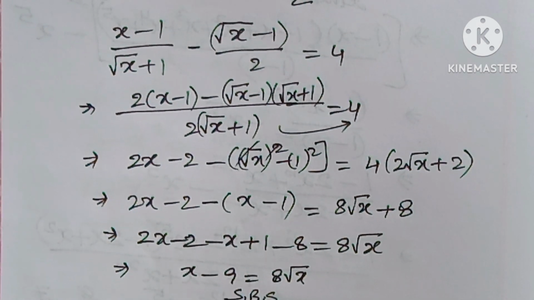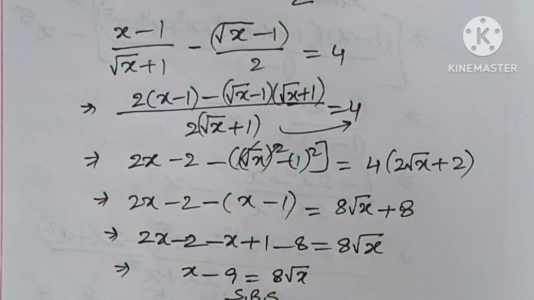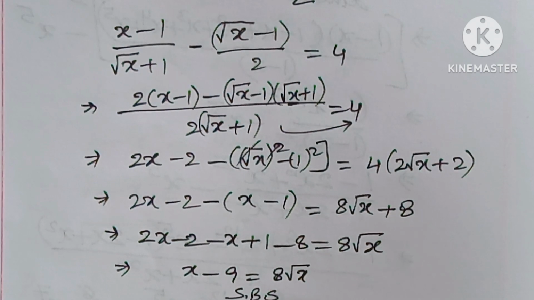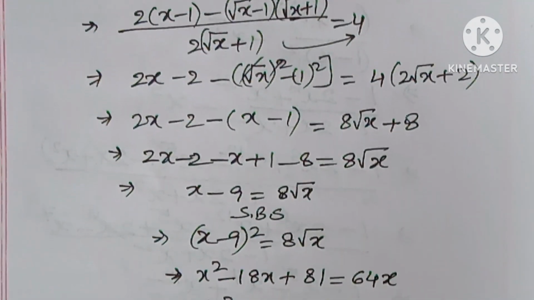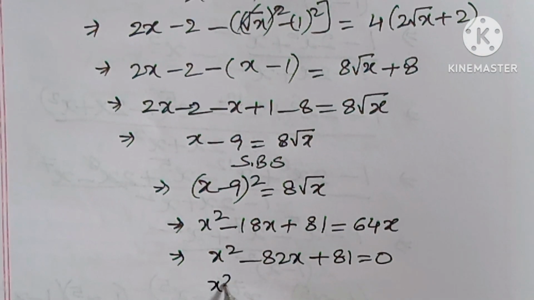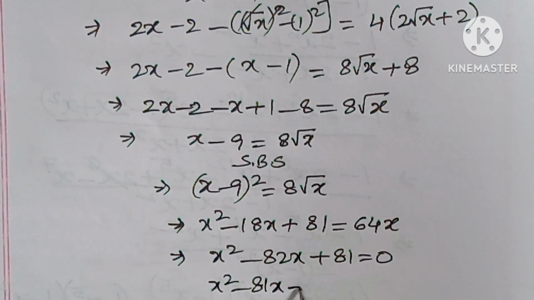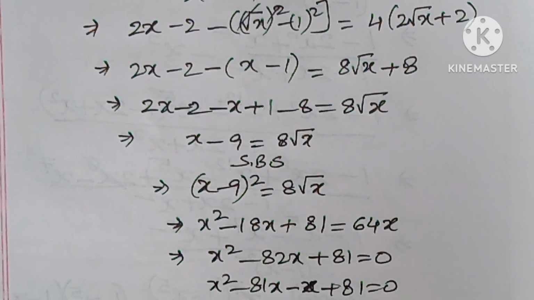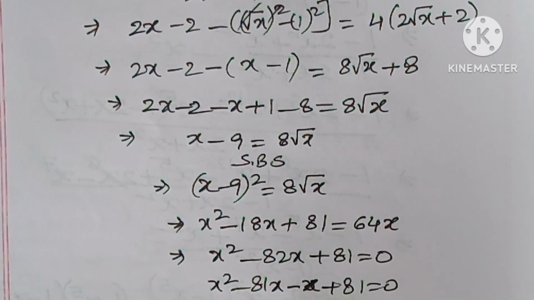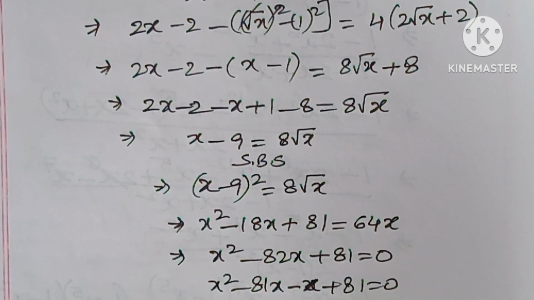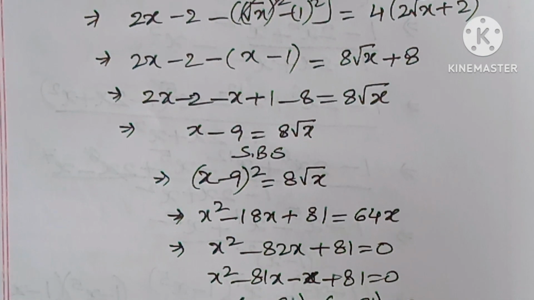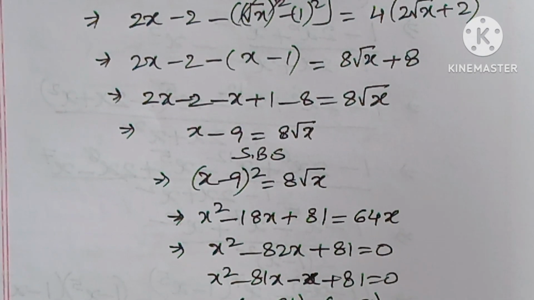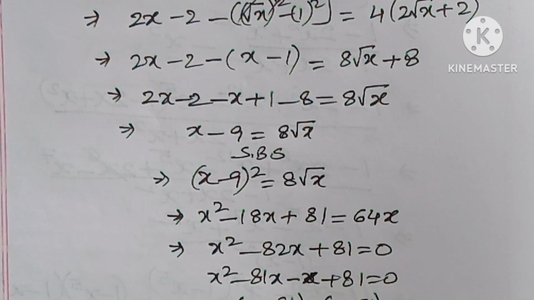So send all the terms to one side: x² − 82x + 81 equal to 0. So x² − 81x − x + 81 equal to 0. x(x − 81) − 1(x − 81) equal to 0. So (x − 81)(x − 1) equal to 0.